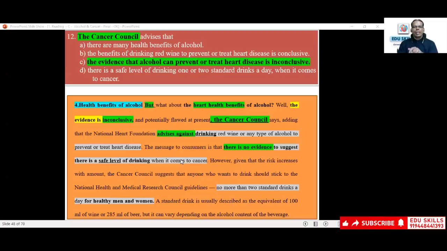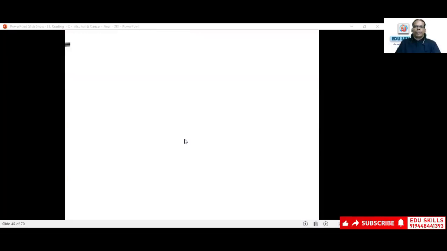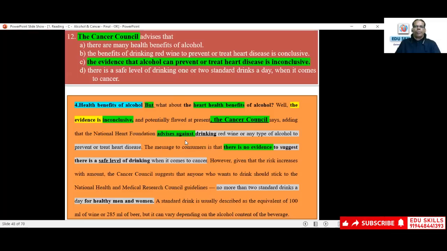So the whole paragraph will explain with supportive sentences and developing sentences that the health benefits of alcohol are not concluded, it is not sure. So here, the evidence that alcohol can prevent or treat heart disease is inconclusive. You have, there is no evidence to suggest that, okay, not that one. Inconclusive, where you have, one second, I'll go to the next one. It will be more clear over there.